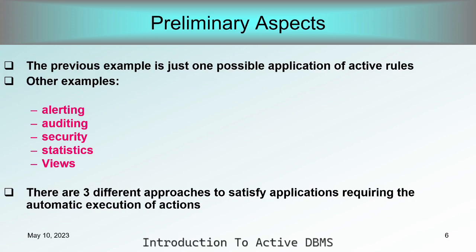Therein you can set it on views. So these are some examples of how you can use active DBMS, or place active rules to react to certain conditions and events. There are different approaches to satisfy such applications which require automatic execution of actions.